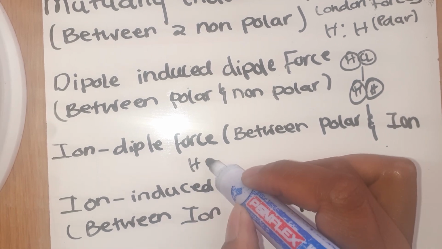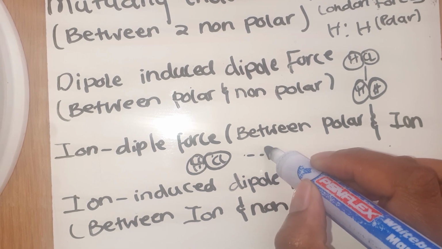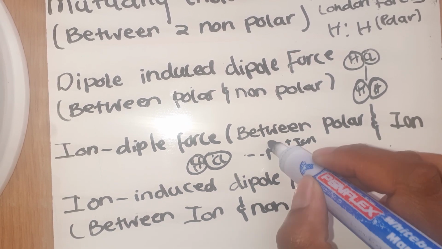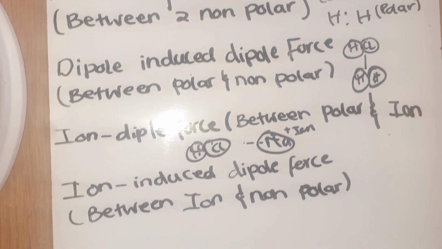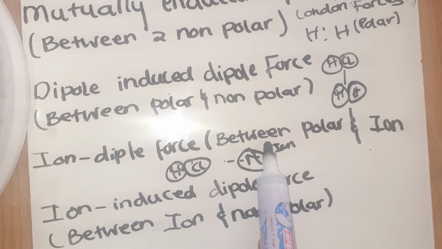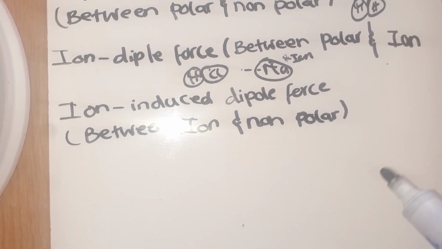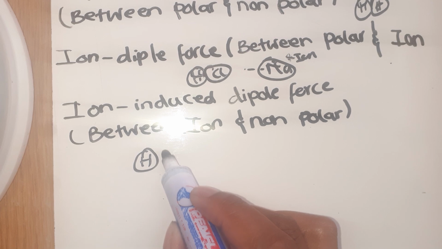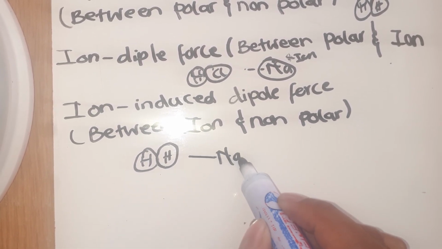So that will be H and then Cl, and then it will be bonded with Na that has a plus ion at the bottom. And then for ion induced dipole forces, it's between an ion with the plus on top and a non-polar, H and H, bonded with Na plus.